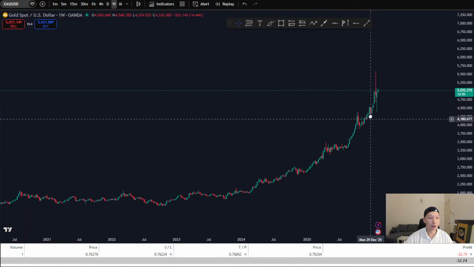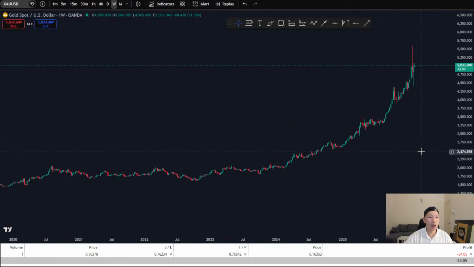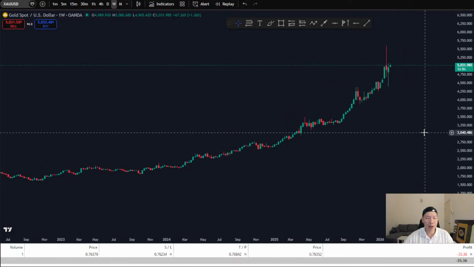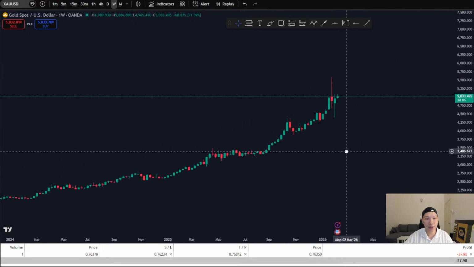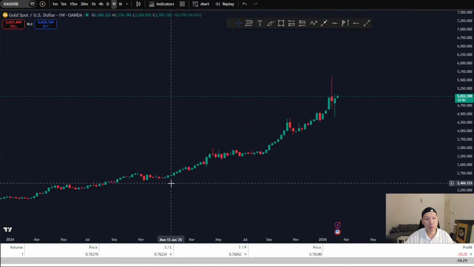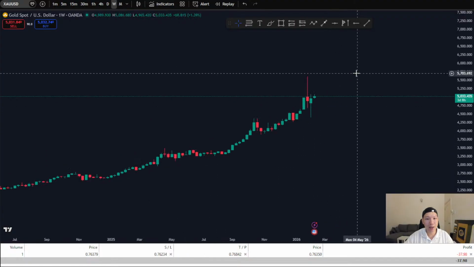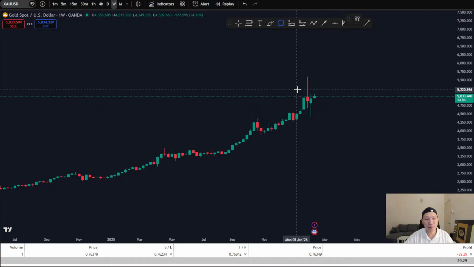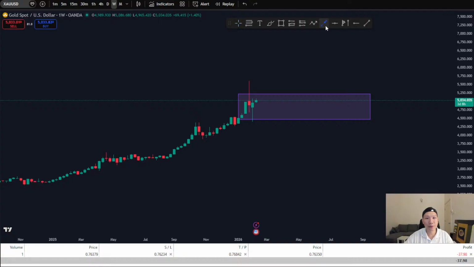Not a good structure. Not a structure that I would like to trade. I personally don't like a structure like this because it is so unpredictable. The price is constantly spiking up and then goes down again. And for me, I don't know, will it form a range here?